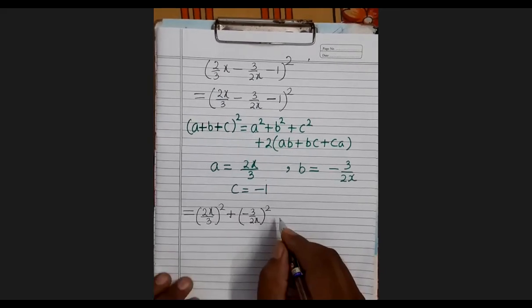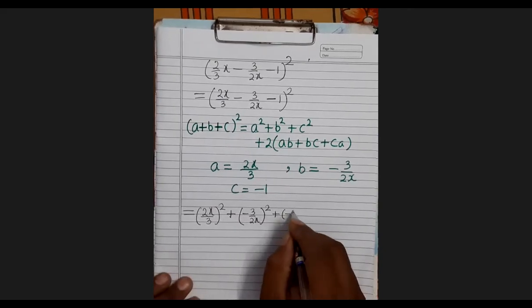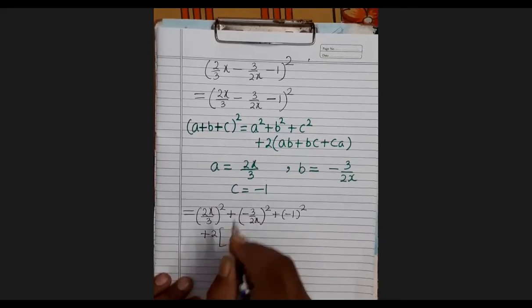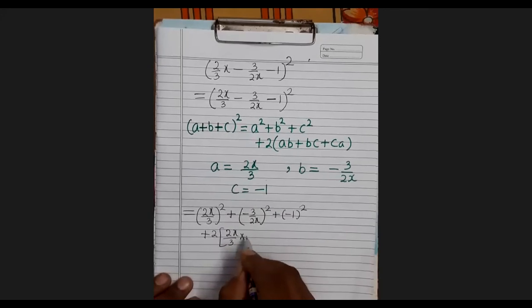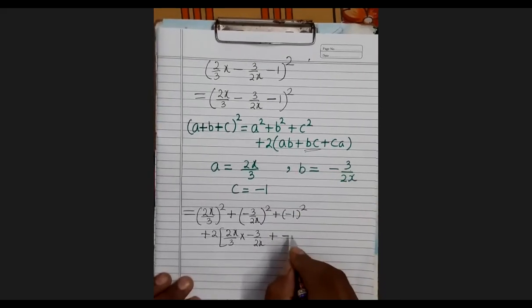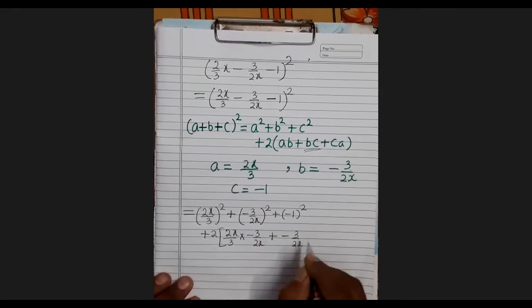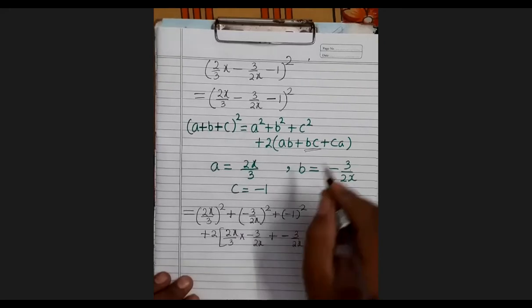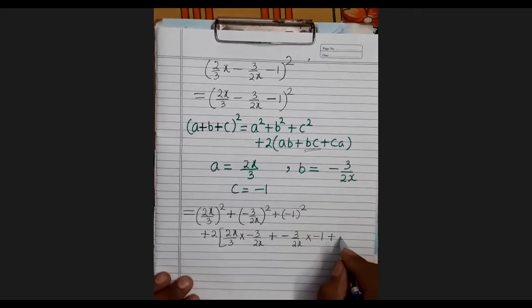And c square, that is minus 1 whole square, plus 2 within bracket ab. A is 2x upon 3 multiplied by minus 3 upon 2x, plus bc. What is b? Minus 3 upon 2x into c, which is minus 1, plus ca. C is minus 1 into a is 2x upon 3.